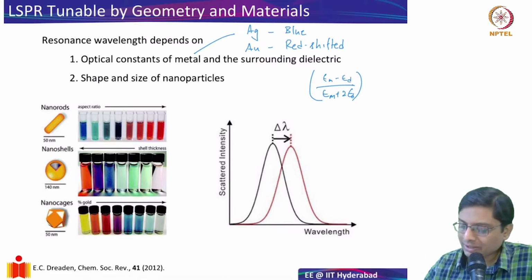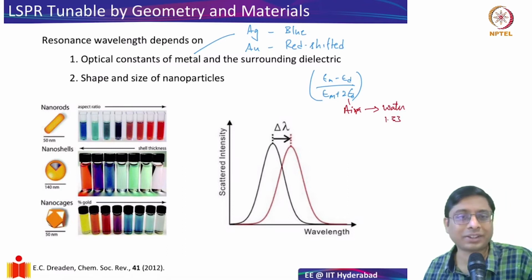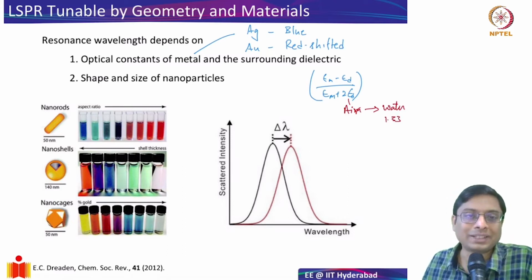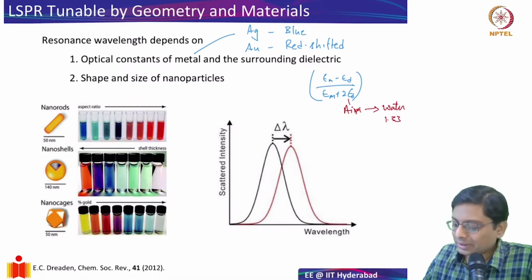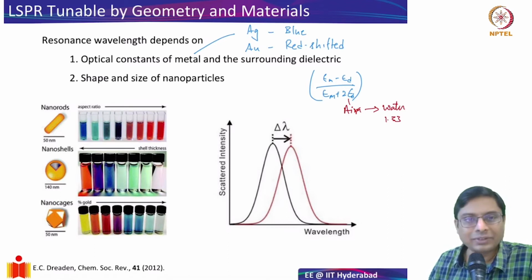So if I change my dielectric from, let's say, air to water. Water has a refractive index of 1.33, so you can actually compute its dielectric constant. Well, we also have to look at the dielectric constant at visible frequencies. So if you do that, the resonance will be red shifted.